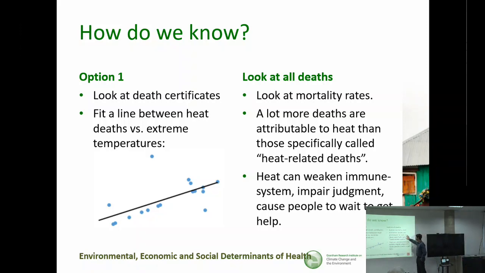A lot of deaths are going to be attributable to those higher temperatures, but are going to go through people making worse decisions, or having other medical problems exacerbated, or having their immune systems compromised. So we want to look at not just heat-related deaths, but all deaths. And to do that, we need to get into a little bit of technique.